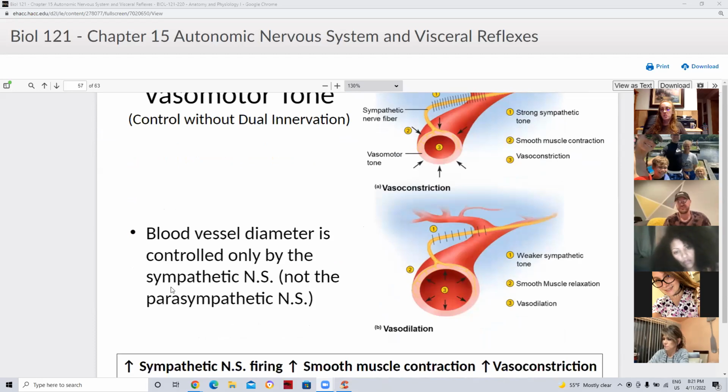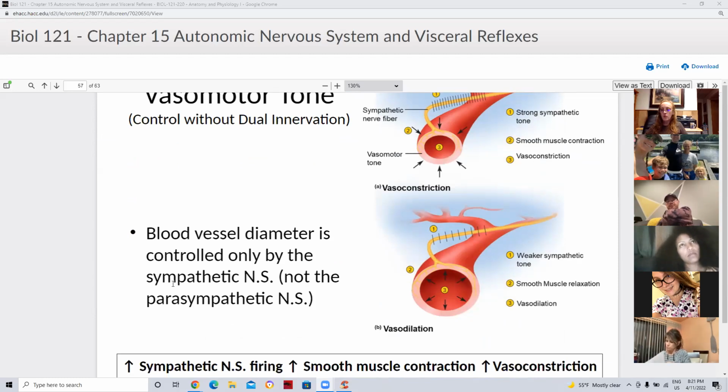Blood vessel diameter is only controlled by the sympathetic nervous system. If the sympathetic nervous system is firing strongly, you get strong muscle contraction, resulting in vasoconstriction. If it slows down in its firing, the smooth muscle relaxes and you get vasodilation.